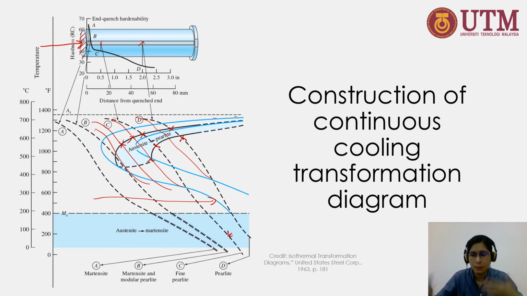They used a similar technique to construct continuous cooling diagrams for different types of steel with different carbon compositions. I'm just taking the example of eutectoid steel. Again, if you are using this method of heat treatment, you have to refer to the continuous cooling transformation diagram instead.